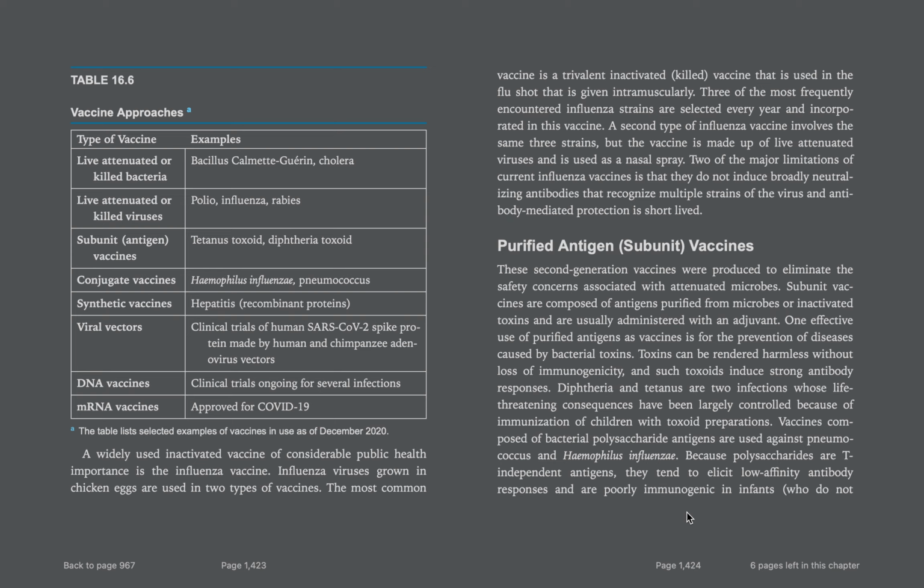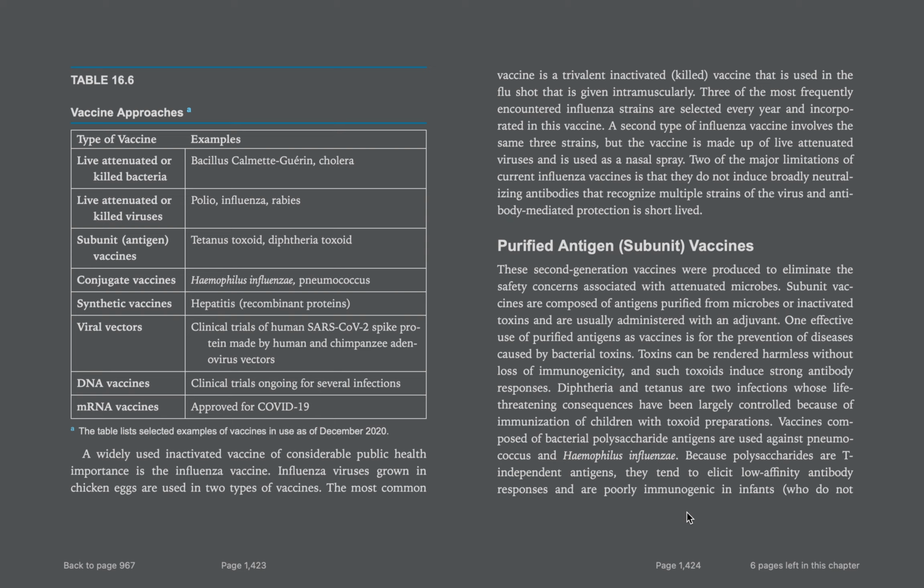Three of the most frequently encountered influenza strains are selected every year and incorporated in this vaccine. A second type of influenza vaccine involves the same three strains, but the vaccine is made up of live attenuated viruses and is used as a nasal spray.